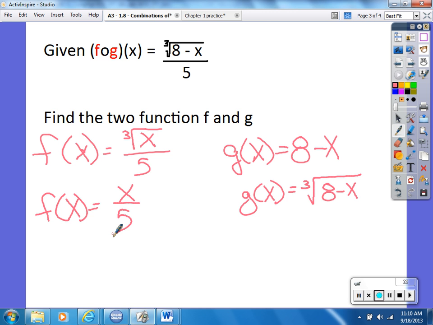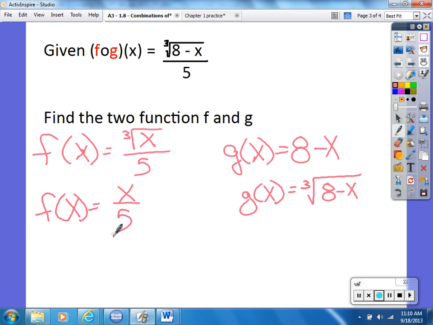But if I do x over 5, hey, that works also, doesn't it? Exactly. There's more than one way to do this, right? There is. So there's several ways, but what you have to do is make sure you test it. If I plug that in, it works, right? You've got to test it in your mind.